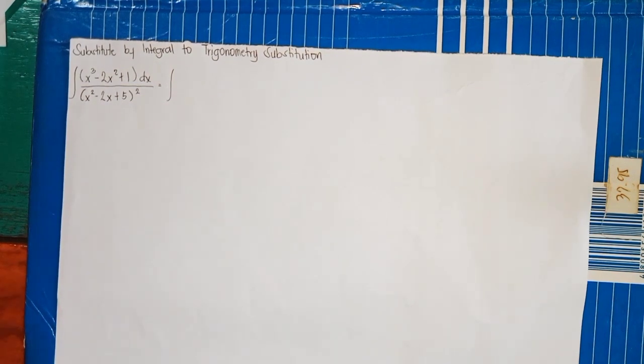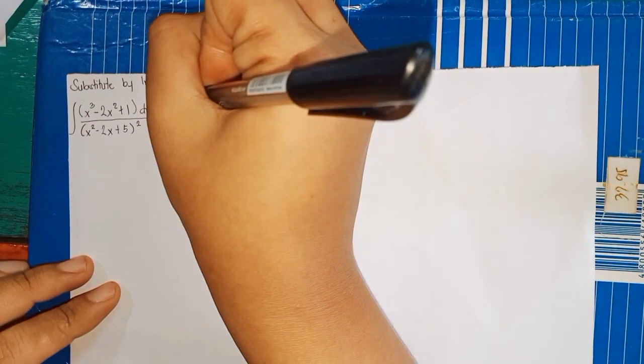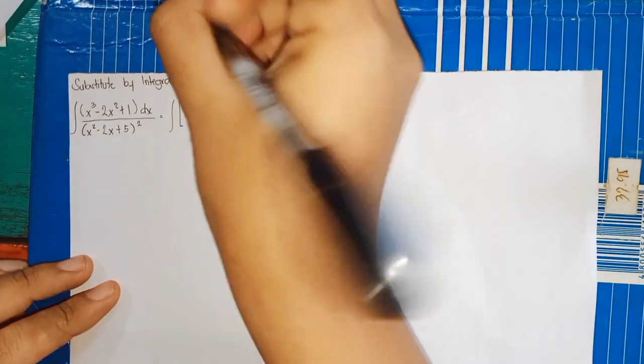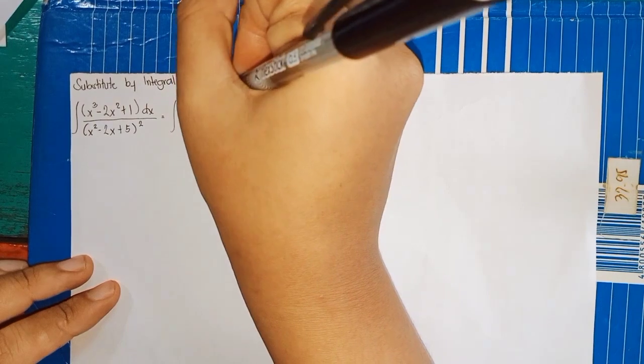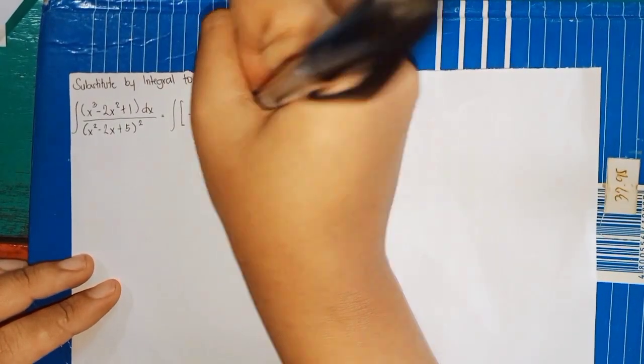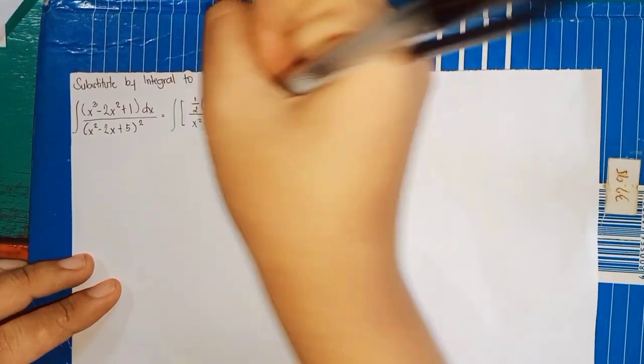Okay, so for now, let's substitute by integral to trigonometry substitution. Okay, so let's arrange it first to multiply it into dx before we separate it. So let's write 1 half over 2x minus 2 plus 1 minus 2x plus 5.